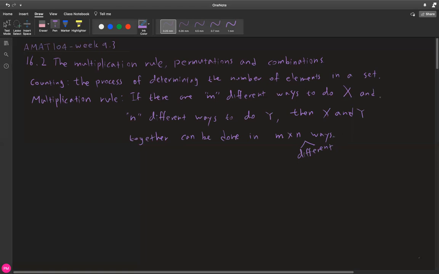So I know that this definition is very wordy, but it may make more sense in context. So let's actually do an example regarding multiplication rule.